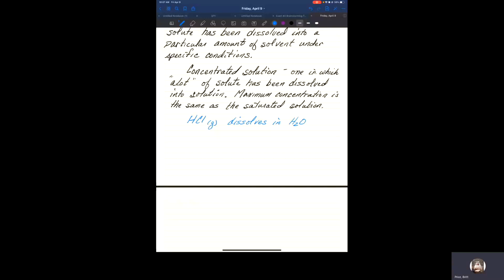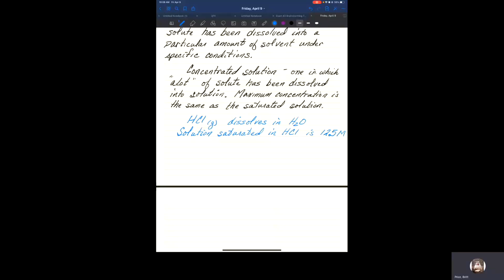So the maximum amount, a solution that is saturated in HCl, has a concentration of 12.5, and then here's a new unit, molar.